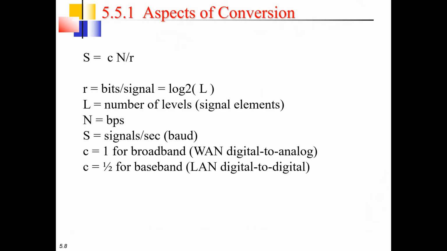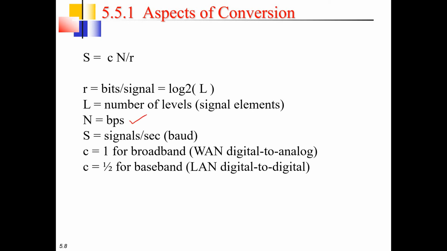The formula is S equals c times N by r, where r equals bits per signal element, or equals log 2 of L, and L is the number of levels of signal elements. N is the bits per second, and S is your signals per second, which is your baud rate.